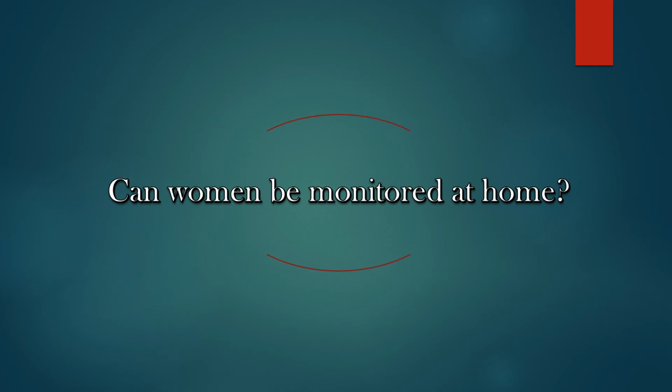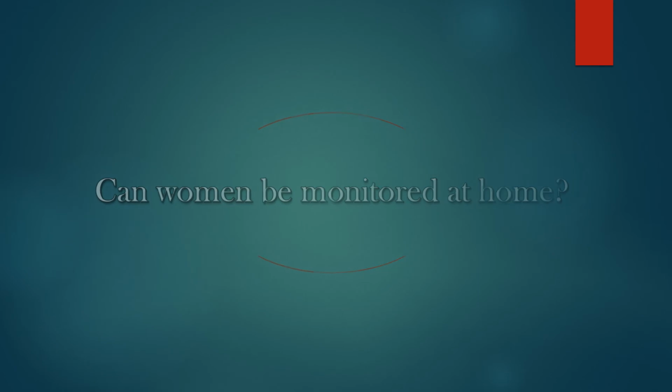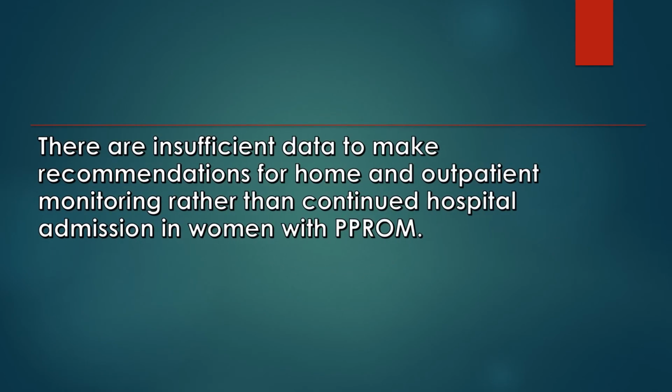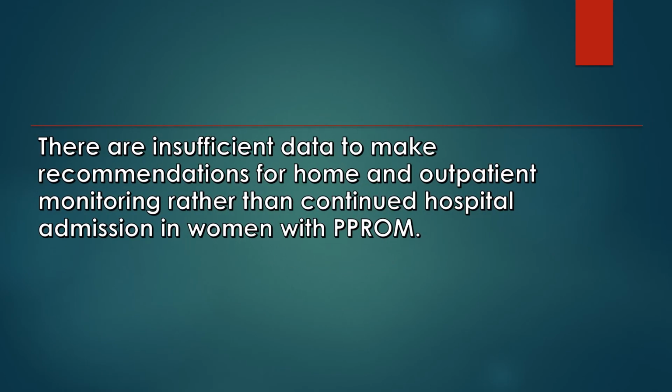Can women be monitored at home? There are insufficient data to make recommendations for home and outpatient monitoring rather than continued hospital admission in women with preterm prelabour rupture of membranes.